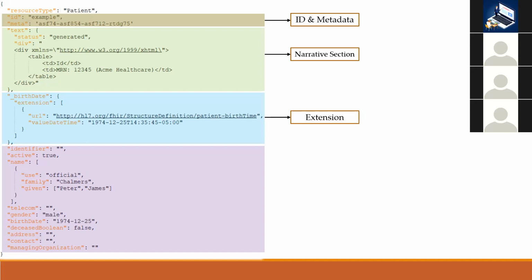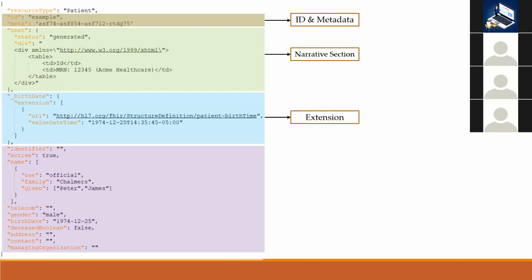For example, as we can see here, birth date. If it is not there in the basic FHIR specification resource, then I can go ahead and add it as part of an extension. That's what extensions are for.